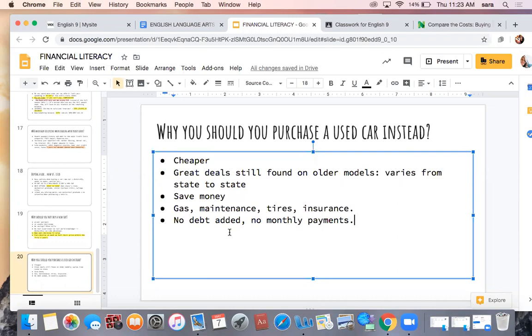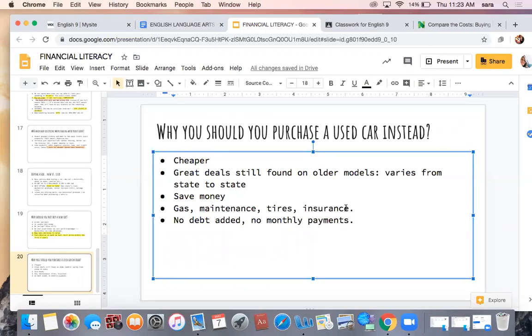So yes, why should you purchase a used car? All of these things are true. One of the biggest things is when purchasing anything that requires maintenance, but in California specifically, I don't know about other states, but in California, you have to have insurance.